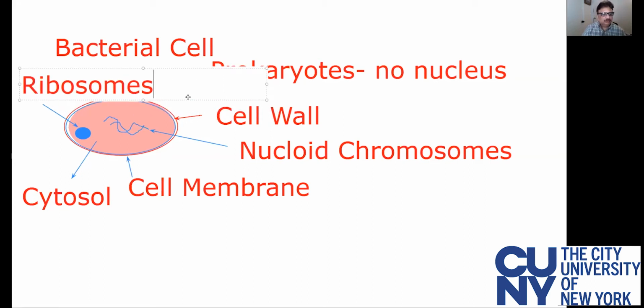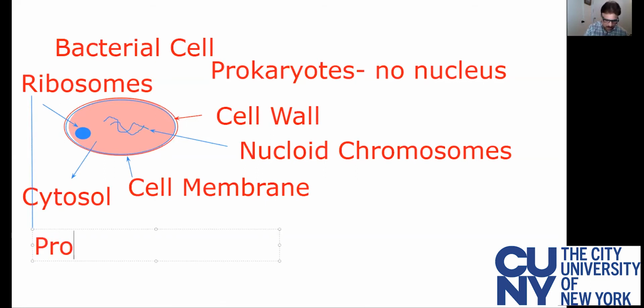Now this ribosome is the main organelle that manufactures protein. So the primary function of the ribosome is protein synthesis. So this essentially is the bacterial cell.